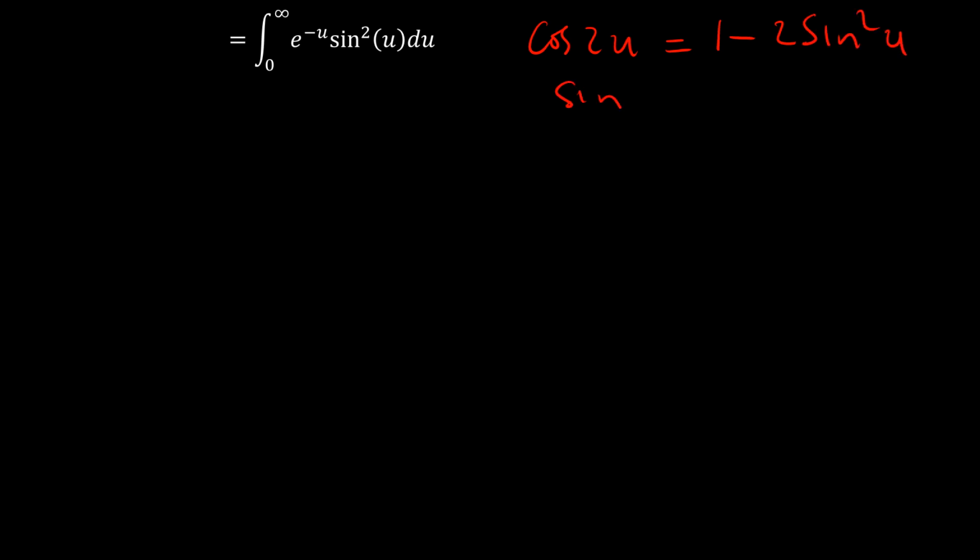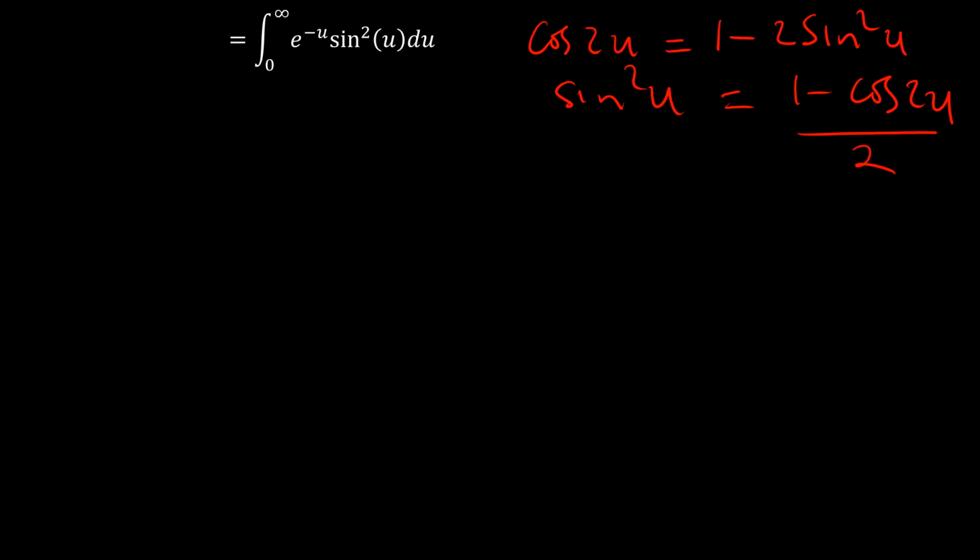Now it's important to know that cosine 2u is the same as 1 minus 2 sine squared u, such that sine squared u is equal to 1 minus cosine 2u over 2, right?